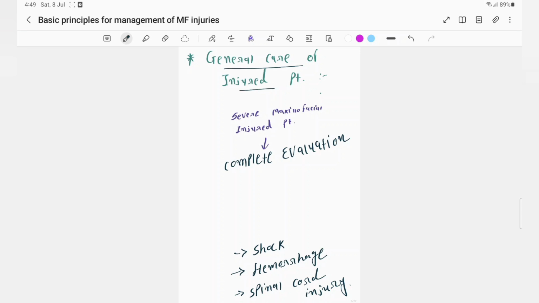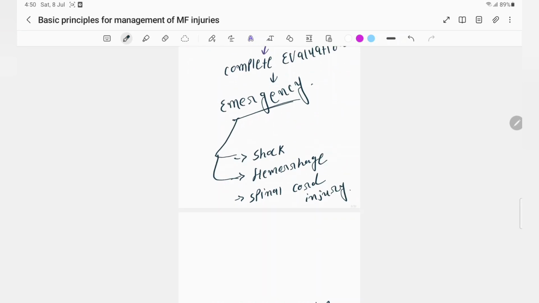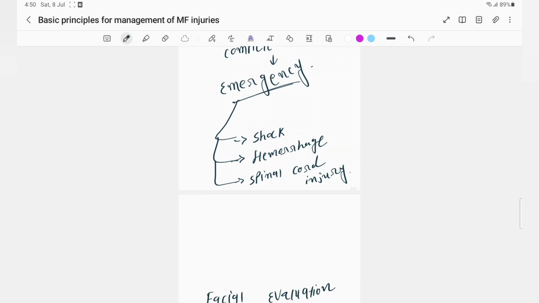Then you have to see if any emergency treatment is needed or not. If there is an emergency situation, like the patient is in shock or there is severe hemorrhage or any spinal cord injury, then we have to go for emergency care, because this is a very severe thing.